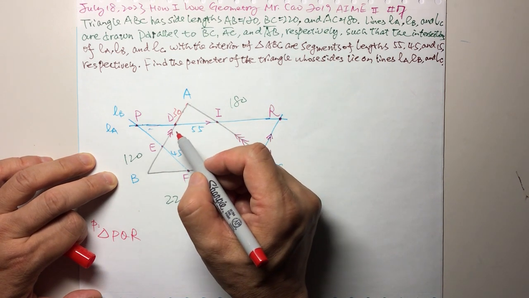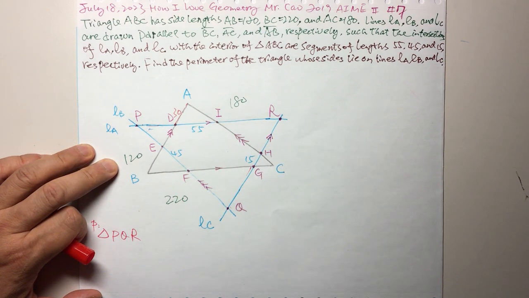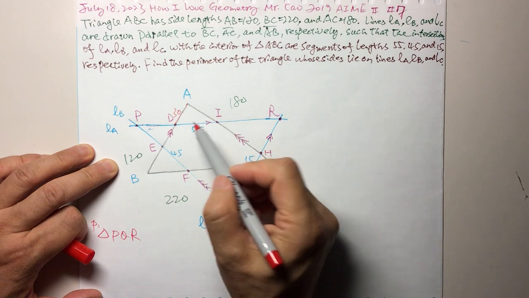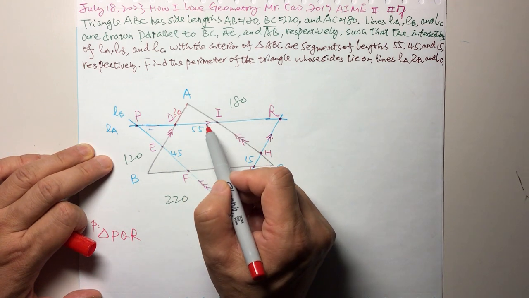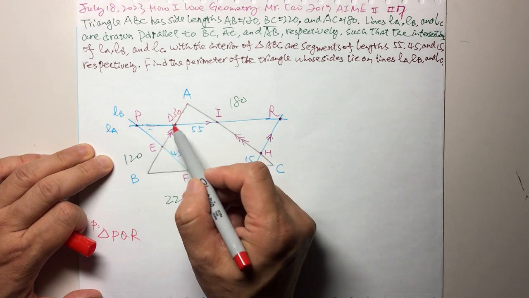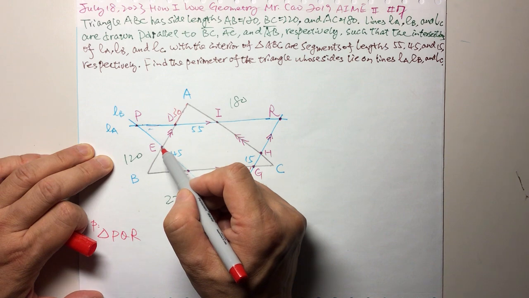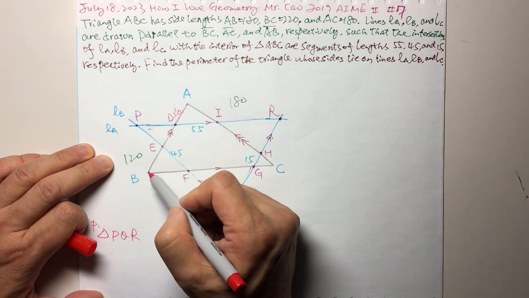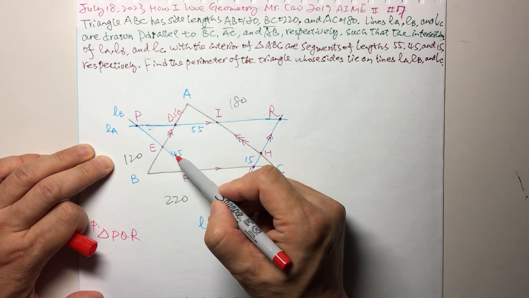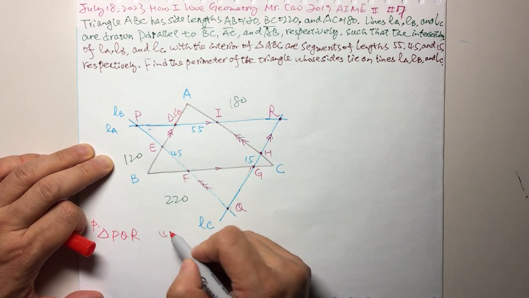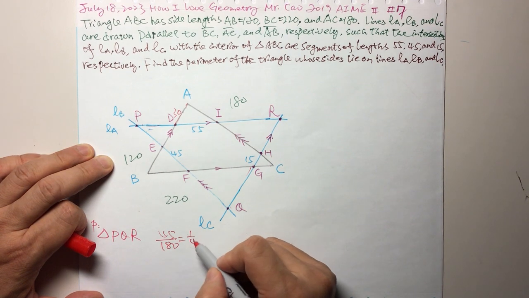Now for BE, it is 45 over 180, also 1 to 4.